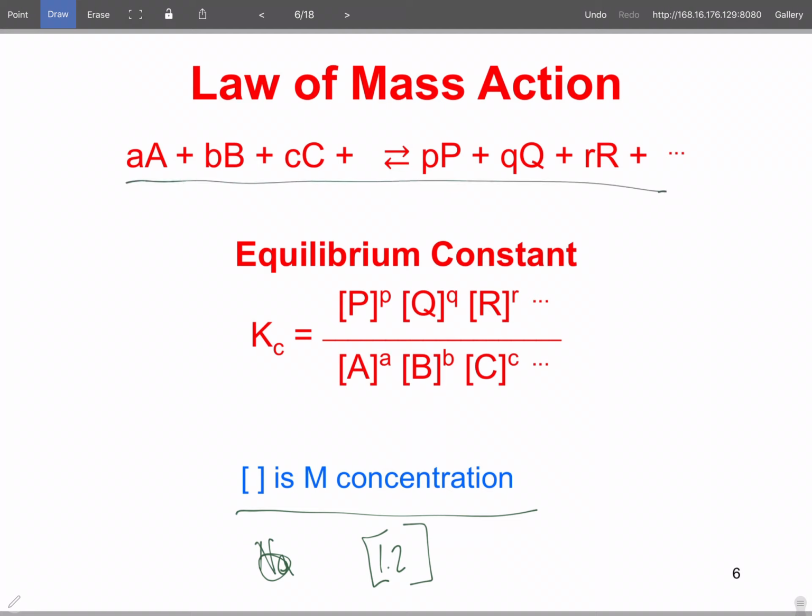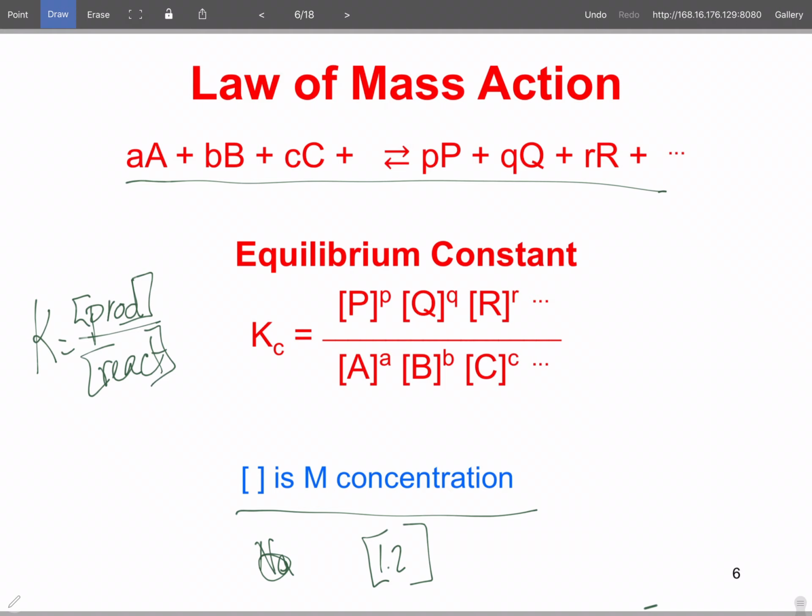So here's our equation. Little letters are the coefficients in the balanced equation. Big letters are the species. So what we end up with is, remember, we say it's products over reactants. So when we break that down, unlike in the rate laws, in the equilibrium, the concentrations are stoichiometric amounts.